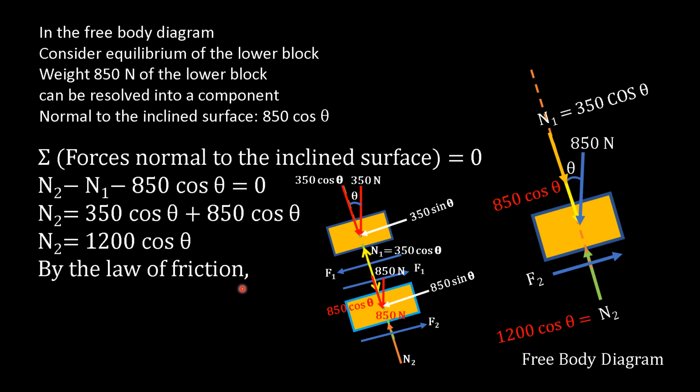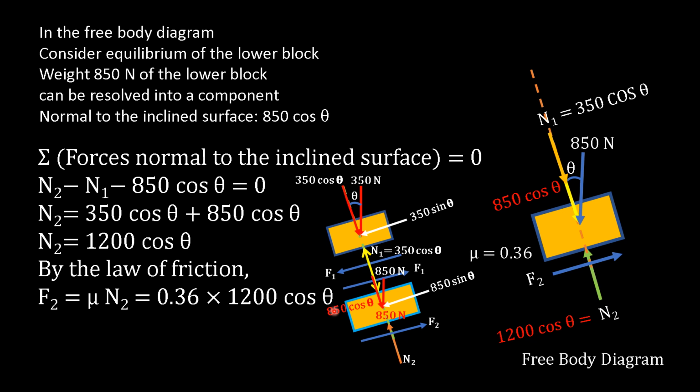By the law of friction, F2 will be mu N2, that is 0.36 multiplied by 1200 cos theta, where coefficient of friction mu is 0.36. So F2 is 432 cos theta.